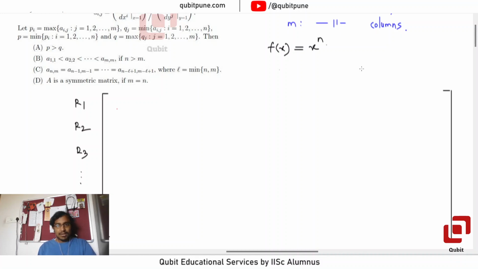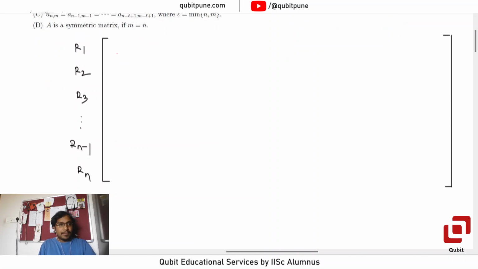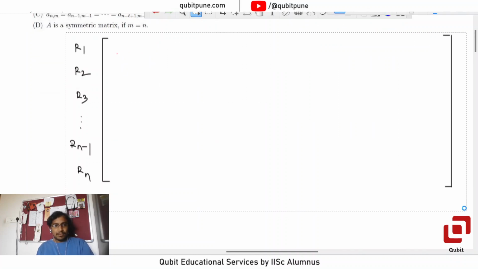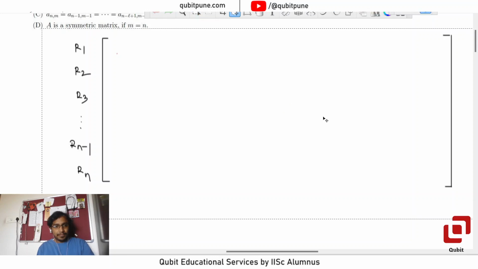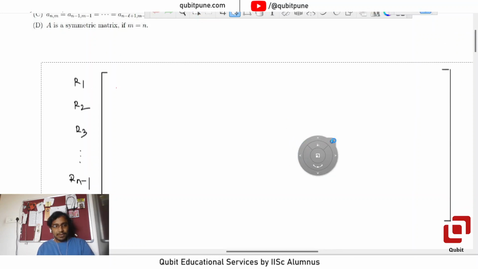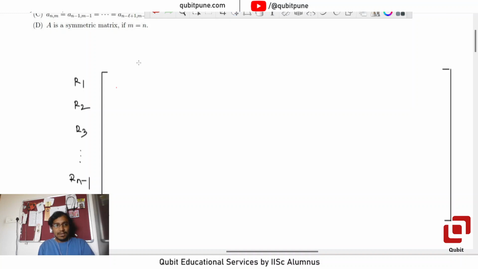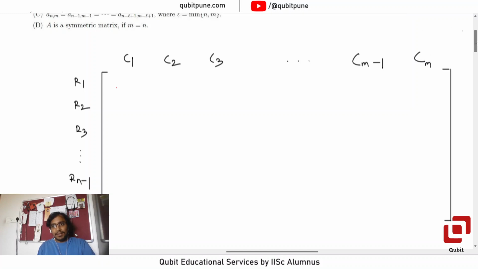And suppose these are our columns c1, c2, c3, and now I need to write c(m-1) and then finally cm.